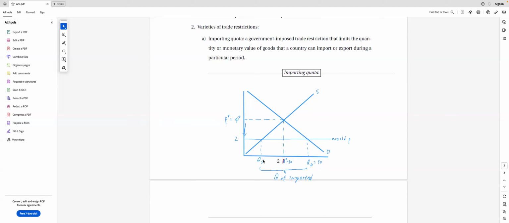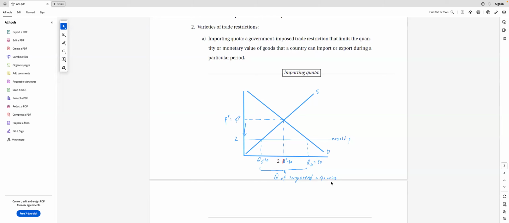And the domestic producers only produce, let's say, 10 units. So the quantity imported equals 50 minus 10, so 40 units. This is the units we import under free international trade policy. If no restrictions, we import 40 units from China.